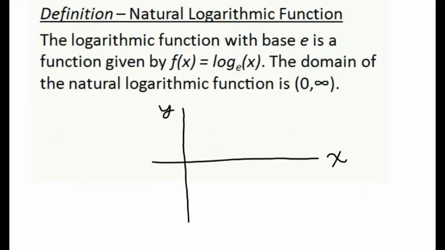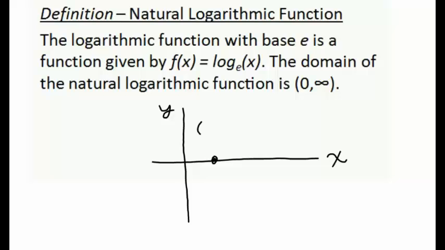Now a question might arise. We know about Euler's number, e. What happens if we use that number, e, as the base of our logarithmic function? This is how we come to the notion of the natural logarithmic function. If we do decide to use Euler's number as the base, then we get log base e of x, and we get what's called the natural logarithmic function.